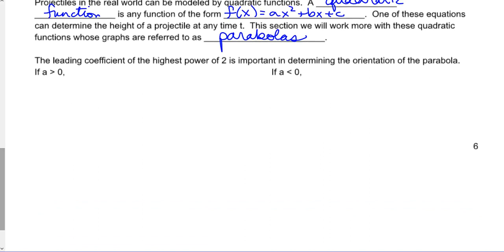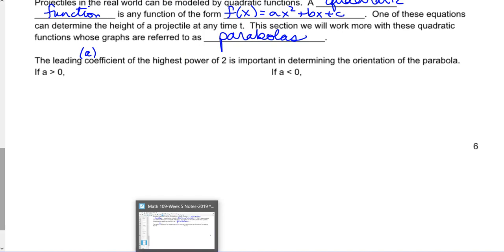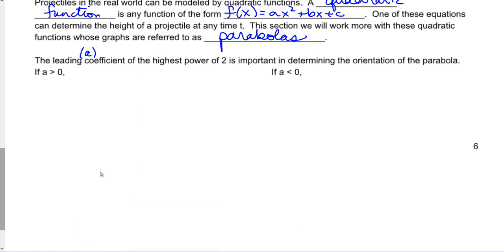Now, the leading coefficient of the highest power of 2, which is a, we call it a up there in that formula, is important in determining the orientation of the parabola. All these parabolas that we look at today are going to be going up and down in this section. So if a is greater than 0, if it is positive, we will have a parabola that is pointing upwards.